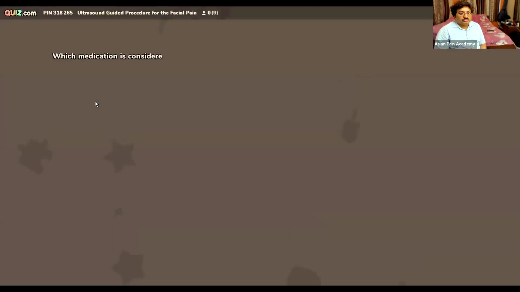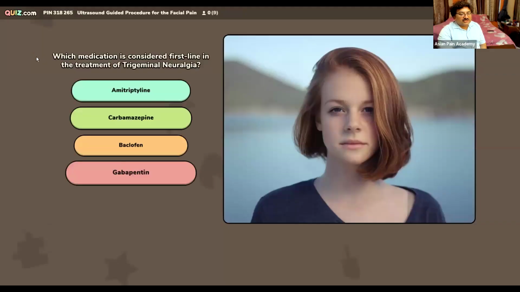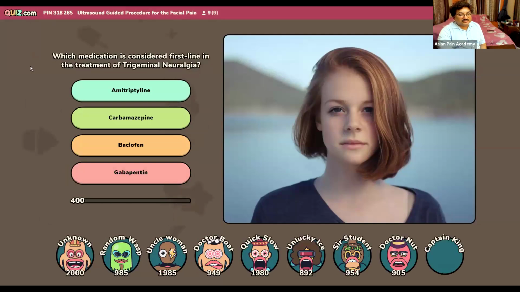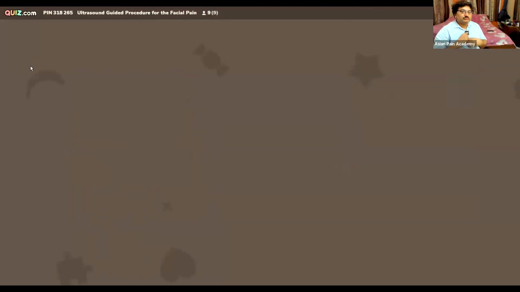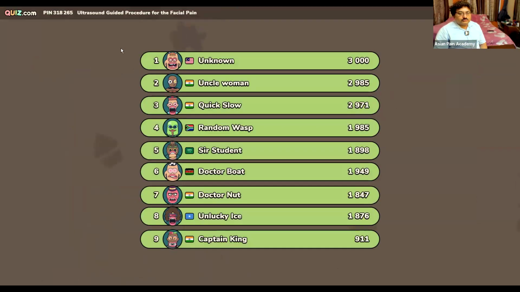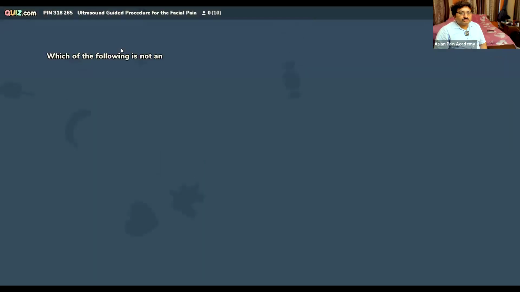Which medication is considered first line in the treatment of trigeminal neuralgia? This is the simplest UG question. I hope everyone will give a correct answer. Carbamazepine. Which of the following is not an interventional option for trigeminal neuralgia?